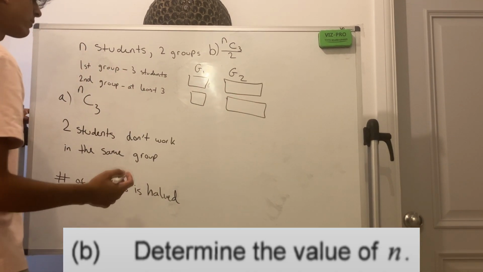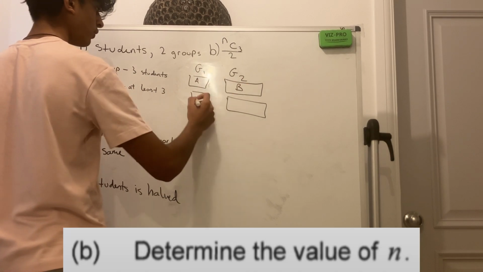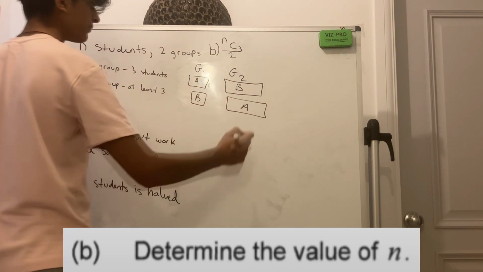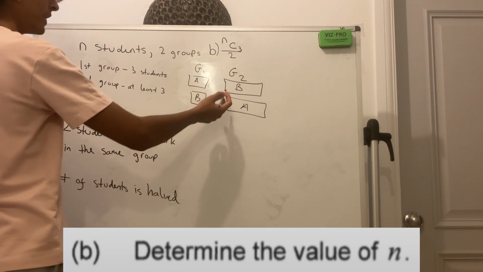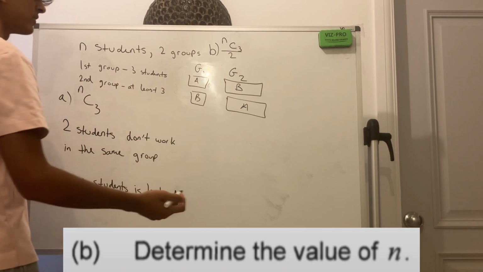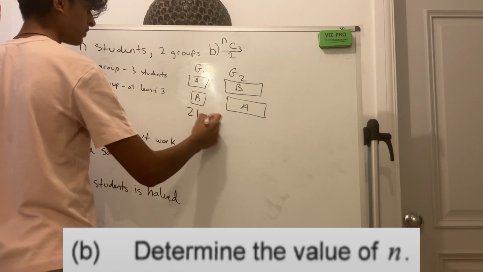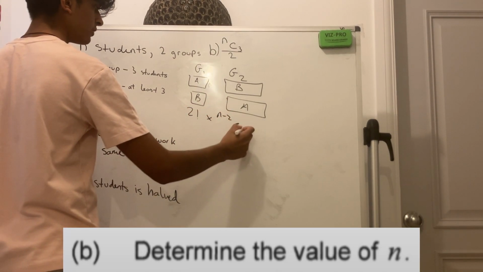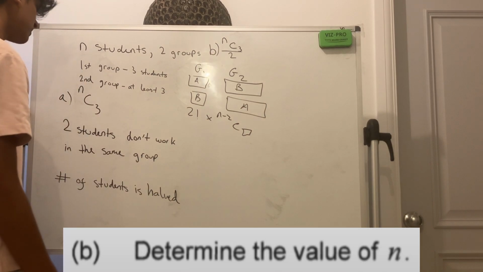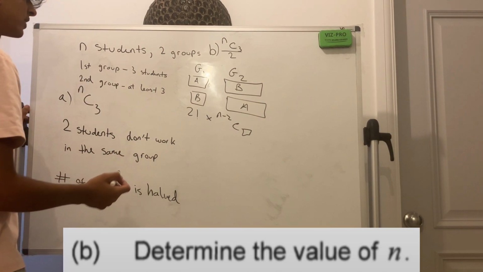Our 2 students, if I label them as A and B, we can either have student A here, student B here, or student B here and student A here. So that means that there's 2 ways of ordering our students from group 1 and group 2. So we're going to have 2 factorial ways of ordering them. So it'll be 2 factorial times our n minus 2 choose something. Now for our something, we know that we are choosing 2 students who don't want to work in the same group together.